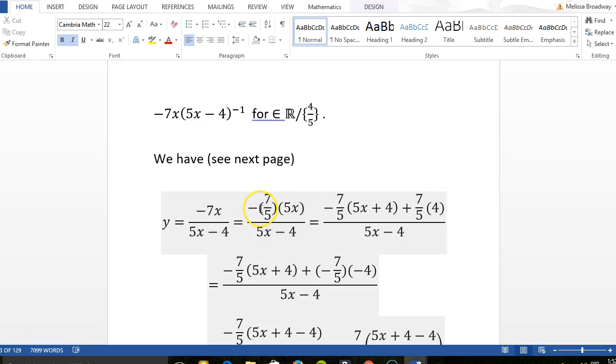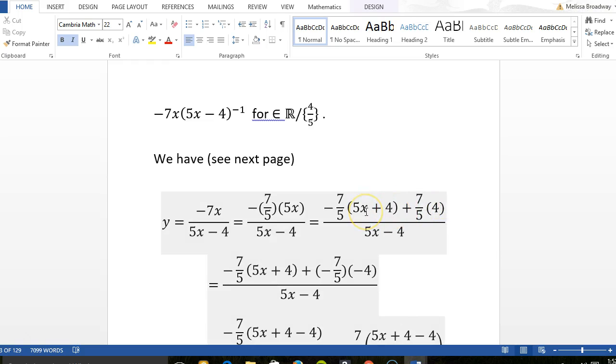After all, negative 7x can be thought of as negative 7/5 times 5x, by associativity. Now I insert a plus 4 in here, but that's okay, but I have to counteract negative 7/5 times 4. This is distributive: negative 7/5 hits this guy and this guy. So negative 7/5 times positive 4 has to be counteracted with positive 7/5 times positive 4.